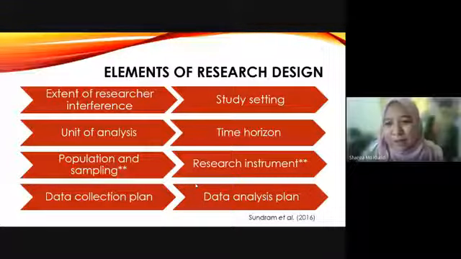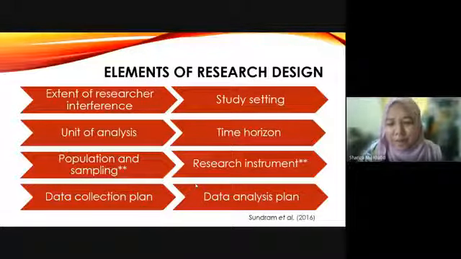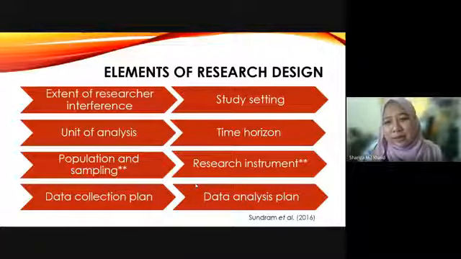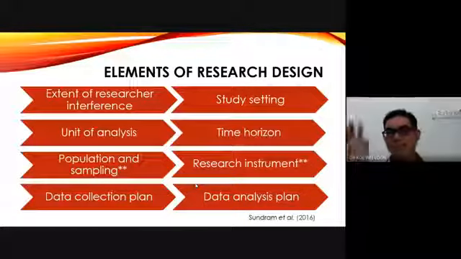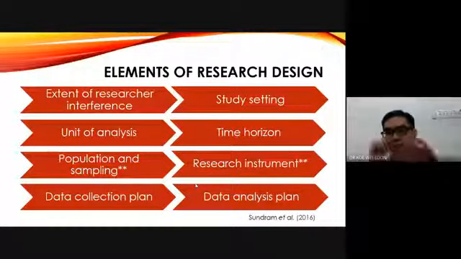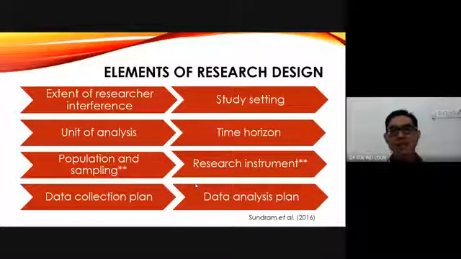Doctor, I always cannot differentiate between research design and research method. Design is the overall plan. Method is more specific. Do you get me? It's like building a house. You need to draw the plan first. After you have drawn the plan, then you have to be specific.